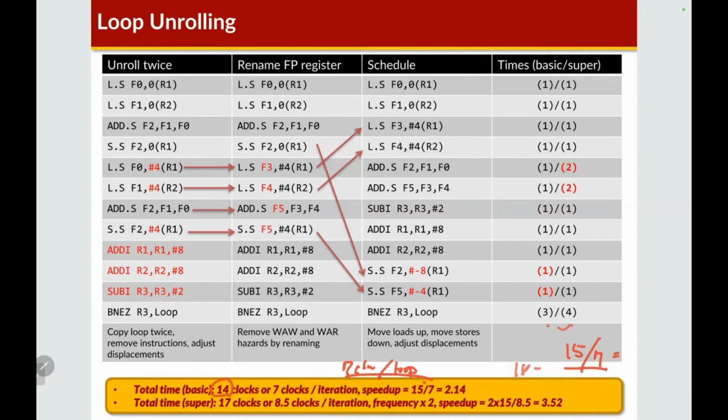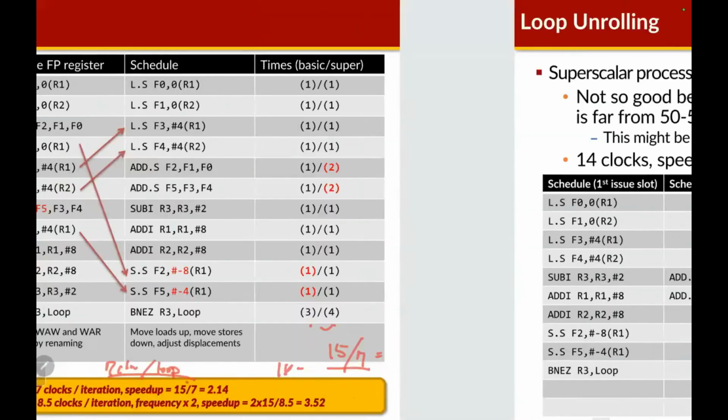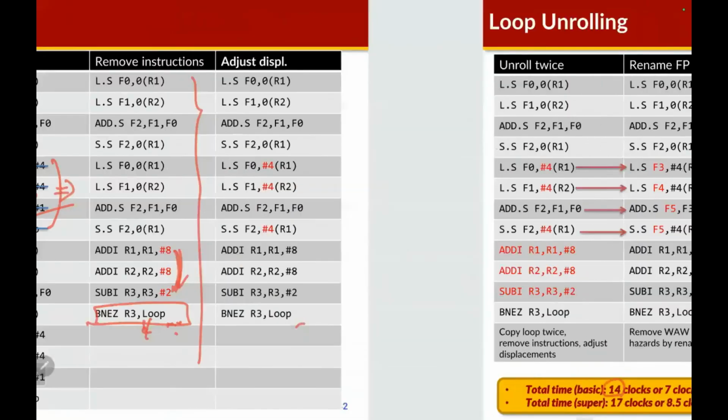If the superpipeline architecture is applied, the performance benefit is even higher. So this is the benefit of loop unrolling.